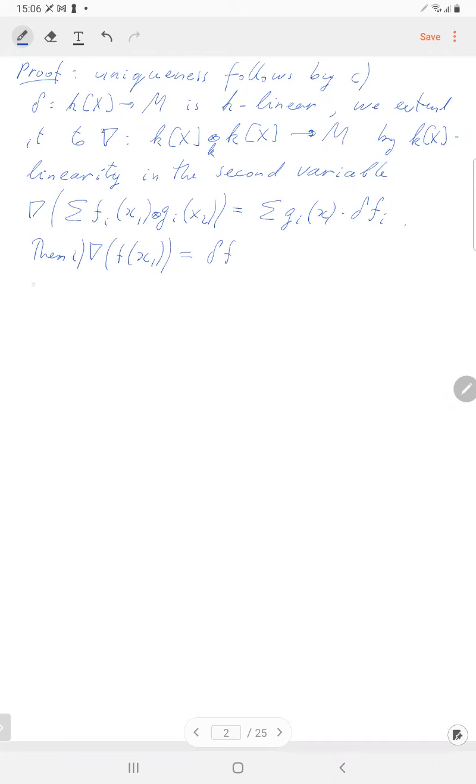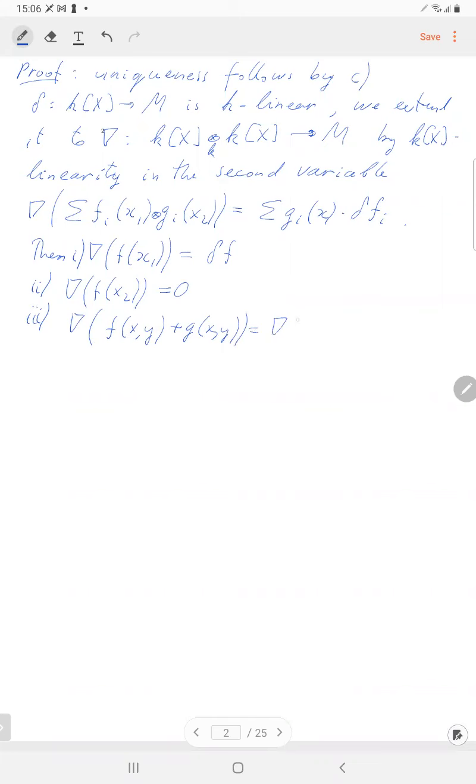The second property is that nabla of f of x2 is 0, just because we extended by linearity. Then nabla of f(x,y) plus g(x,y) is the sum of the nablas, additivity.